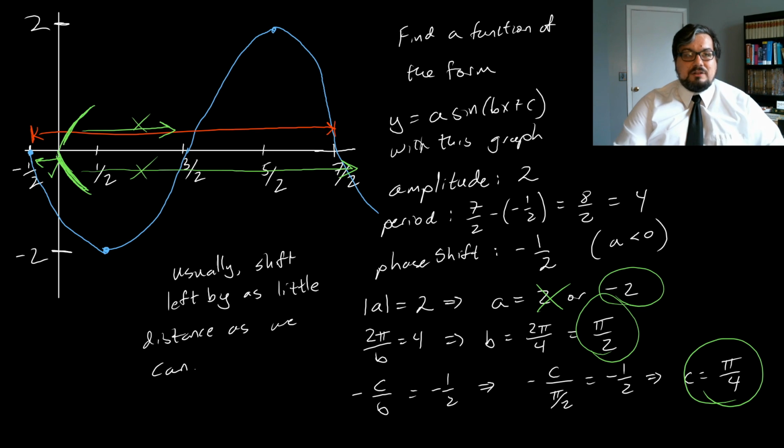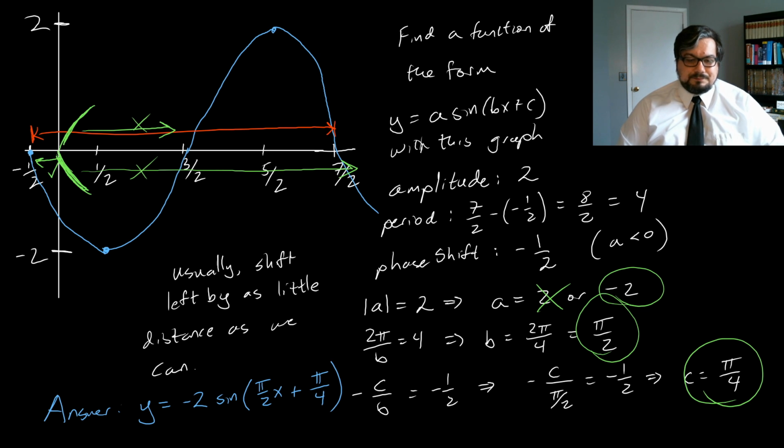Just unwinding that algebra there. And now we've answered the question. So now we've got that a graph of the function as described is y equals negative 2 sine of pi over 2 x plus pi over 4.